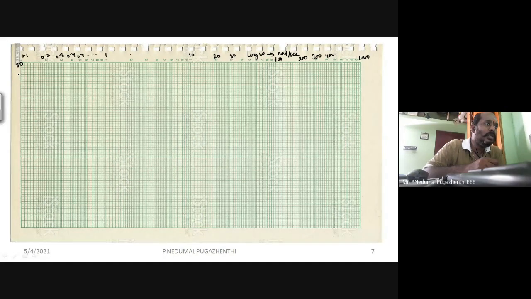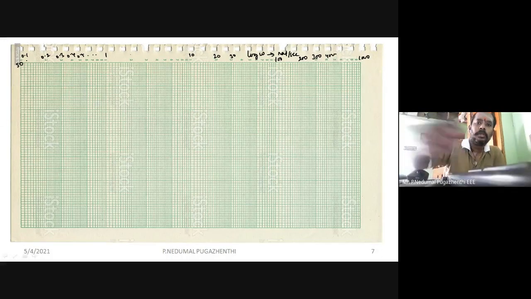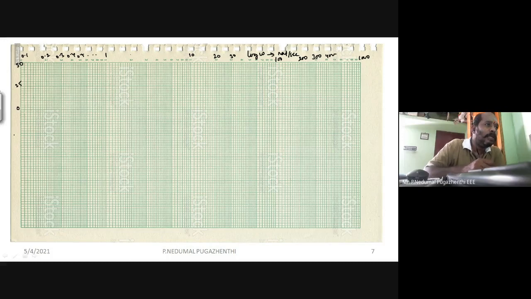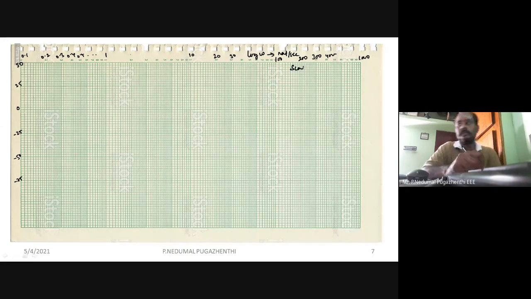So this is going to be 50, then 10 lines. If you leave that, it is going to be 25. After 10 you will get 0, then minus 25, then minus 50, then minus 75. So what is the scale chosen?